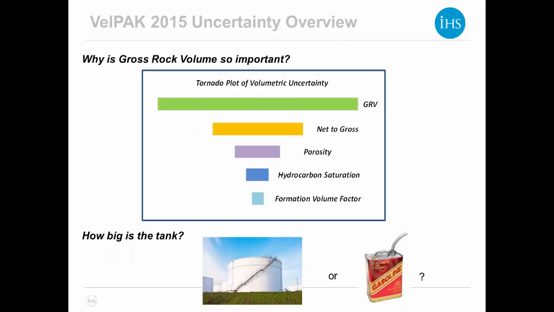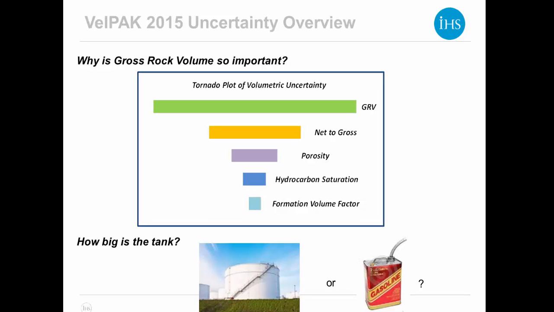This slide shows a tornado plot of volumetric uncertainty. When we are calculating in-place volumes for either oil or gas, we are multiplying the GRV by a net to gross, a porosity, a saturation, and a formation volume factor. Although there is uncertainty in all of these parameters, it is almost always the case that the GRV has the most uncertainty.